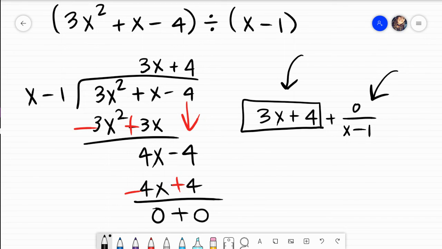This would be your remainder written over your divisor. Both of them are correct, even if that's not a 0. I did just notice, though, that this example only wrote down the actual 3x plus 4. It had nothing to do with the remainder. It could say that if your remainder is 0, just write this part. So just really pay attention to the directions.